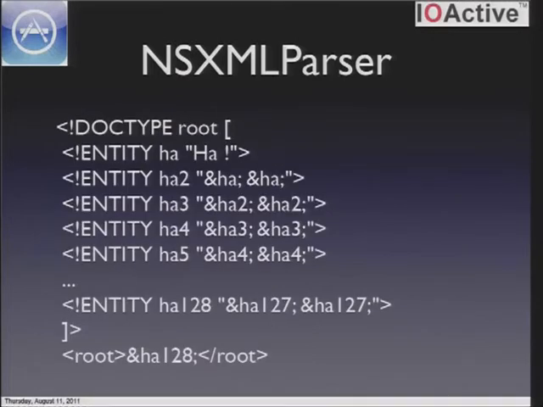If you feed it something like this, a self-referencing doctype where you've got entities referencing entities referencing entities, when this gets expanded you're going to need terabytes of memory. The app's going to sit there for a very long time trying to allocate all available memory and eventually blow up on an exception because it can't get all the memory it would need.